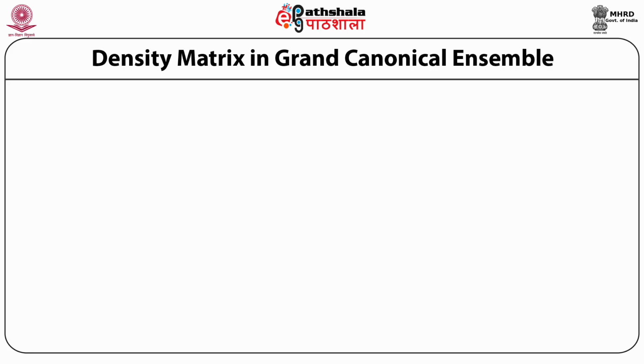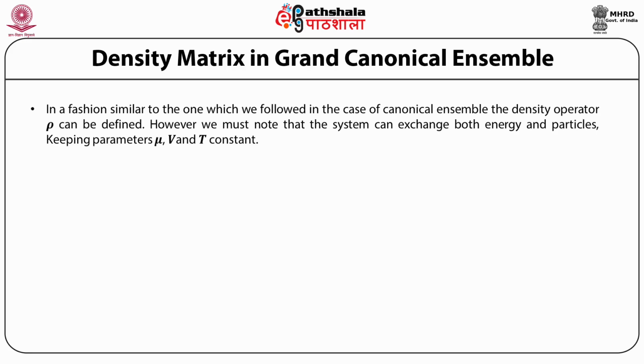Density matrix in the grand canonical ensemble. In a fashion similar to the one we followed in the case of the canonical ensemble, the density operator ρ can be defined.